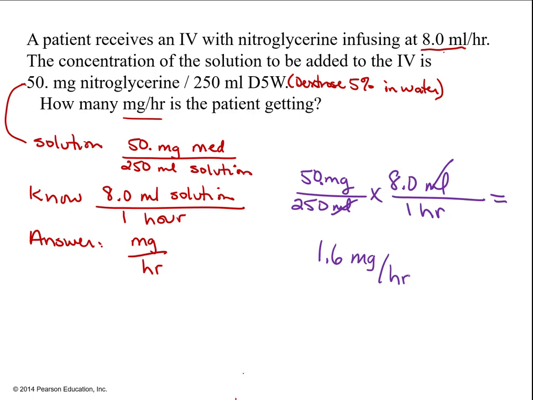Now, if I go back and look at my numbers and think about significant figures, do I need to change my answer? How many significant figures in 8.0? 2. How many significant figures in 50? Well, it has a decimal place, so that makes 2. That's why I put that decimal place there.